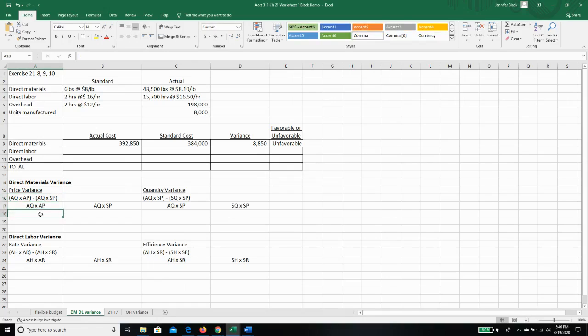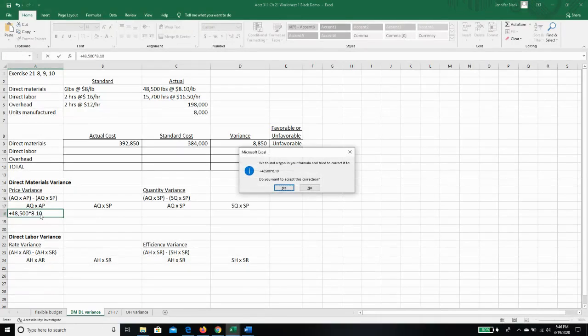We actually used 48,500 pounds, and we actually paid $8.10 per pound.